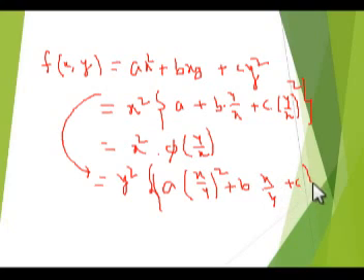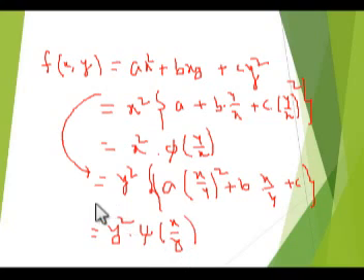So between the two forms, if you can generate any one form, the function will be homogeneous.